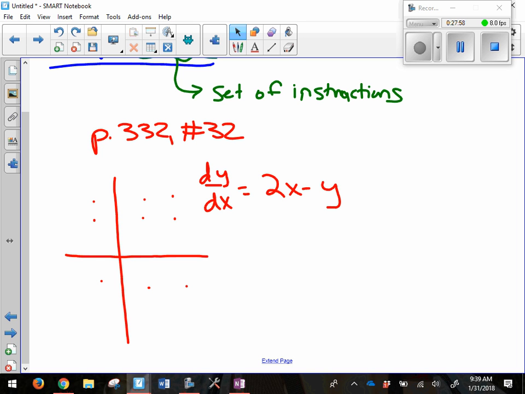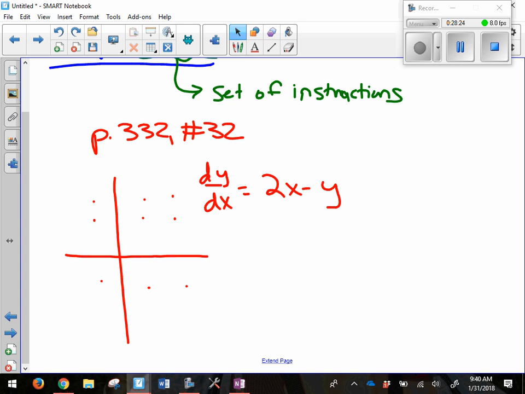You take each of those individual points, I've got a grid of 16 points here, because of course I've got everything on my axes too. It's going to say, draw the tiny little slopes that would be at each of these points. So I'm going to take a set of points, substitute the x and y values into my equation, and then draw it.